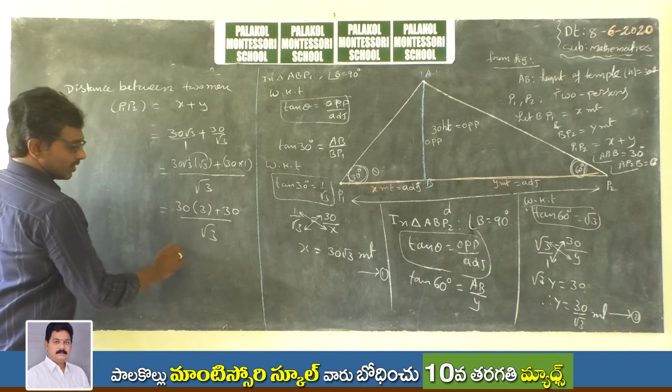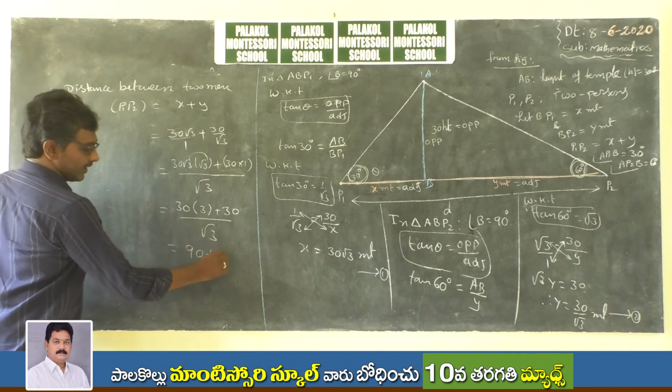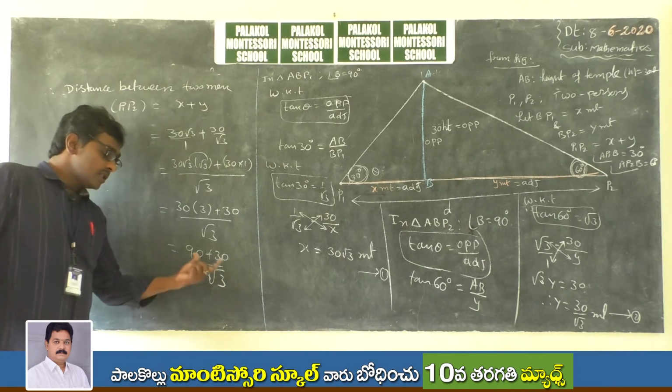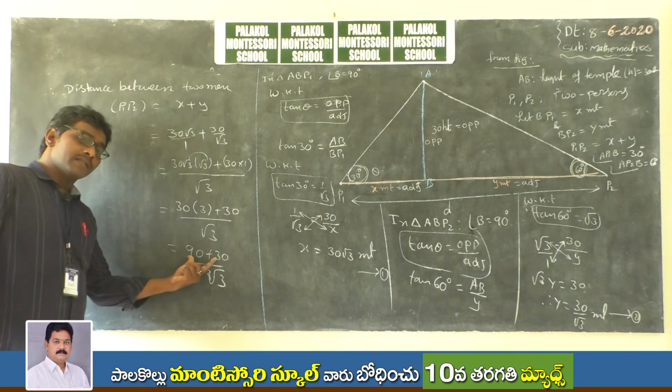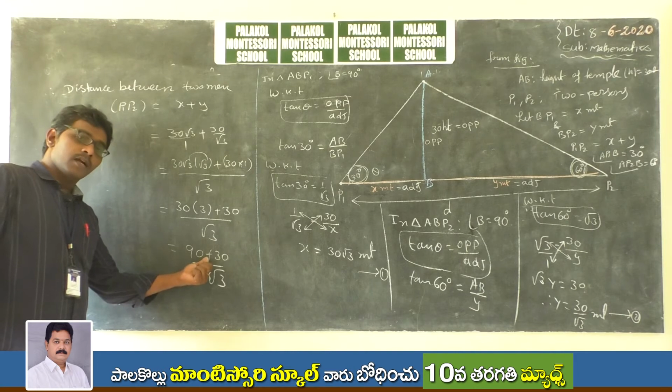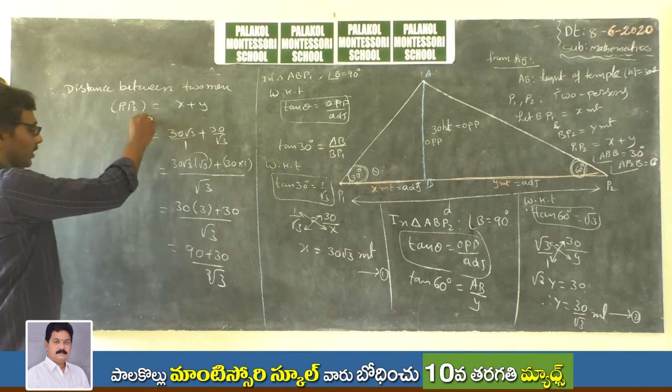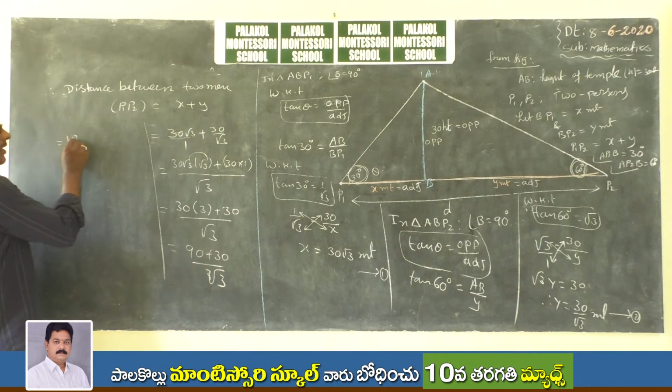So here 90 plus 30 by root 3. The denominators are the same, so add the two numbers: 90 plus 30 is 120. So 120 by root 3 meters.